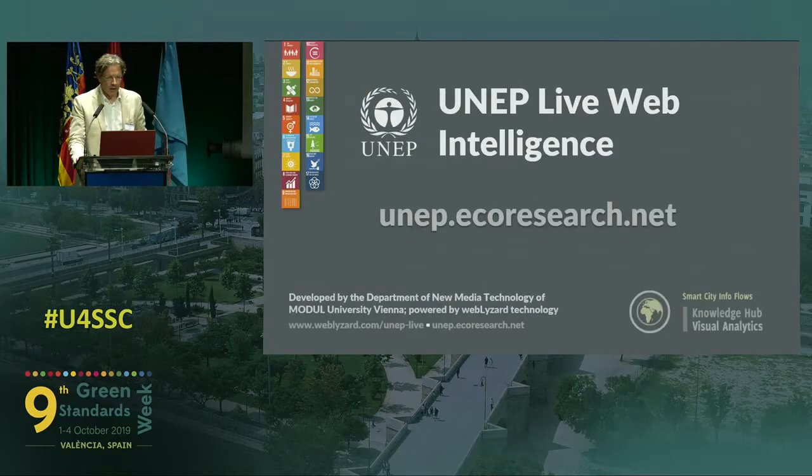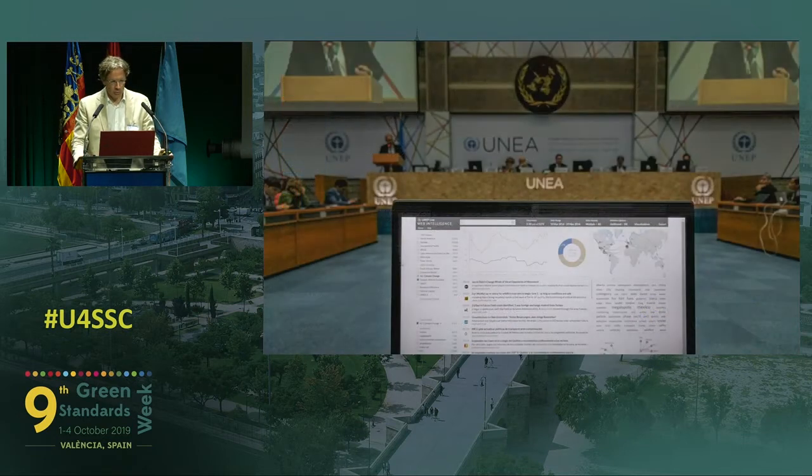Thank you very much. I'm going to talk the next few minutes about the potential of web intelligence and visual analytics tools for smart, sustainable cities. In terms of global communication flows, we built a few years ago a communication monitoring platform around the SDGs for the United Nations Environment Program, which was presented back in 2016.